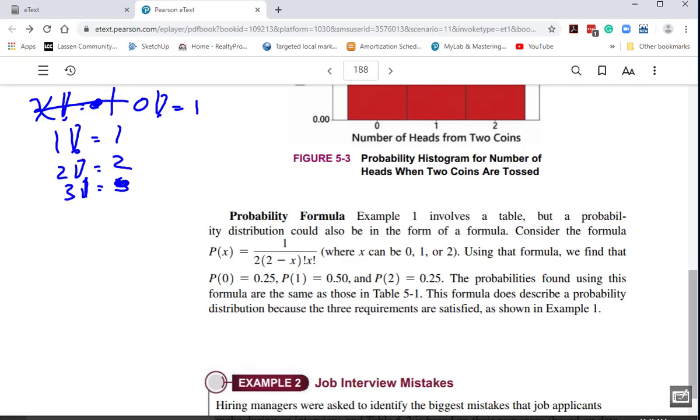What would that be? 6? Right, that's 1 times 2 times 3, or the other way, 3 times 2 times 1. And 4 factorial? Well, that would be 24. And 5 factorial, you see how it starts going up. That would be about 96, something like that.